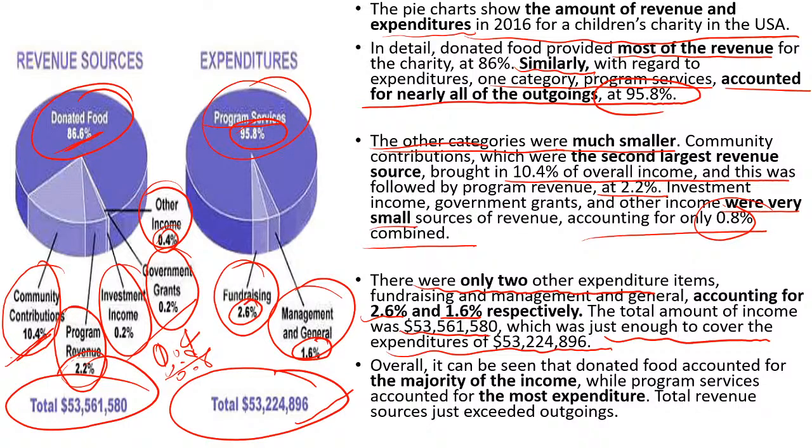So overall it can be seen that donated food accounted for the majority of income. Why the majority of income? Because it is 86.6%. That's why we have written the majority of income. If instead of the majority of income we wrote 86.6%, it would not be a justified summary of your Task 1.